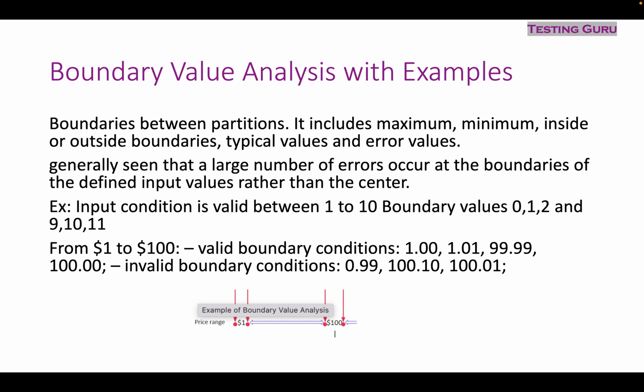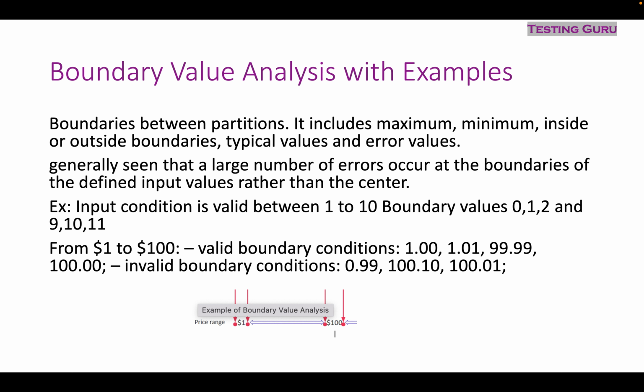The negative value is 0. If we don't give any input, that is considered as 0, and it should not be accepted. As well as 1 should be accepted, so we need to check that. And we also need to check when we give 2, it should work fine. So this is the minimum boundary.